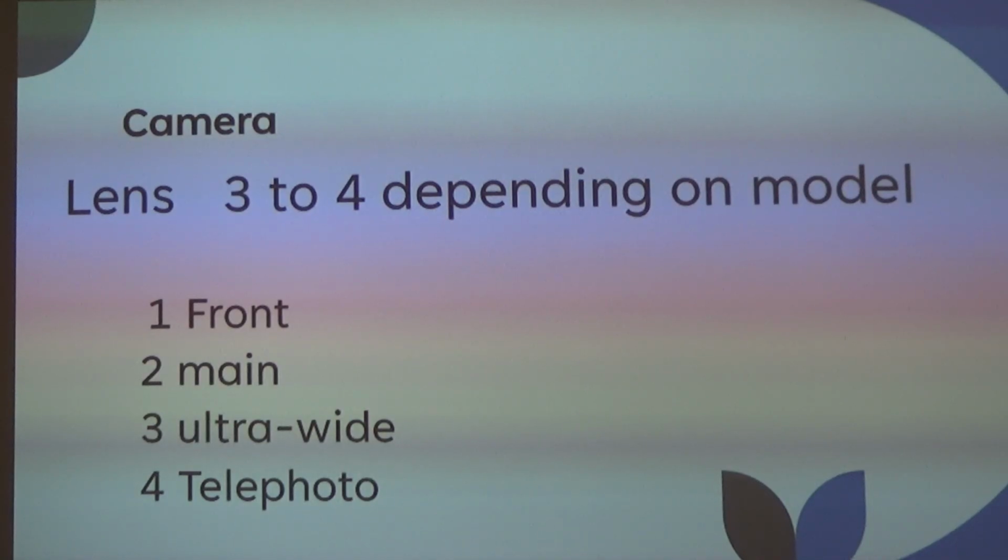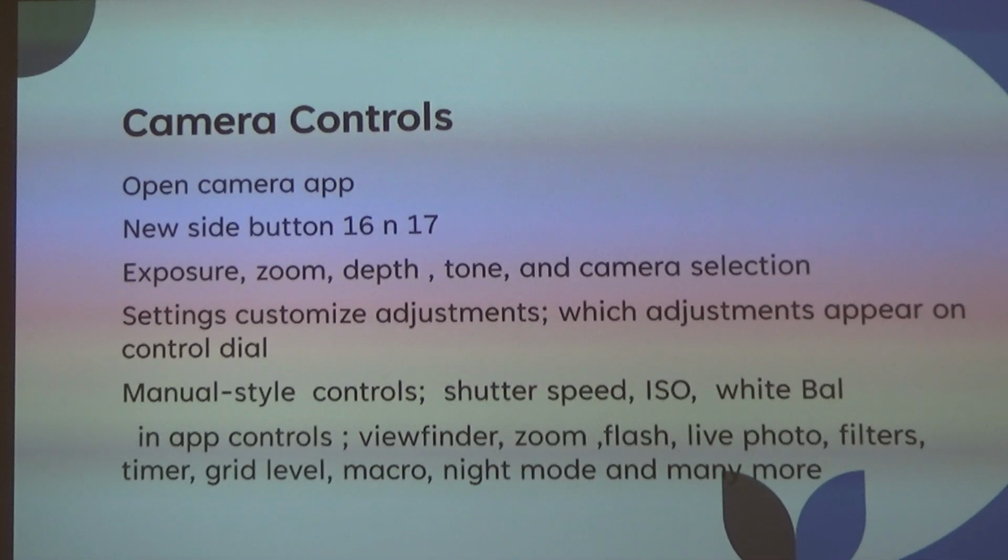And then there's an ultra wide. Then there's the telephoto. The Pro models have the telephoto. If you look at your phone and you only have 2 lenses on the back, it's not a Pro, and that would be the main and the ultra wide. If you have 3, you have the telephoto. And each one of these has been improved with each version of the Apple phone coming out.